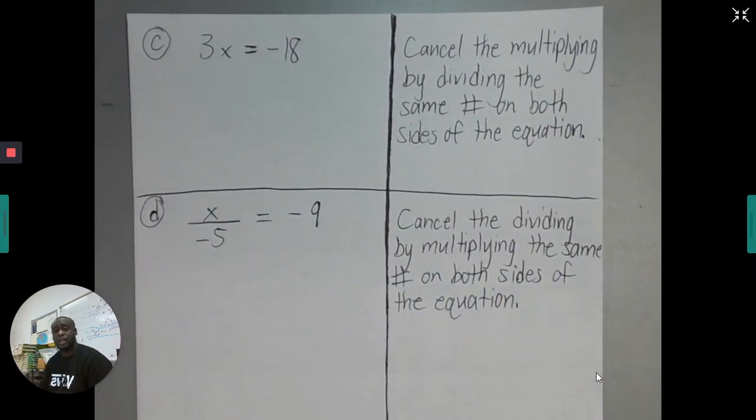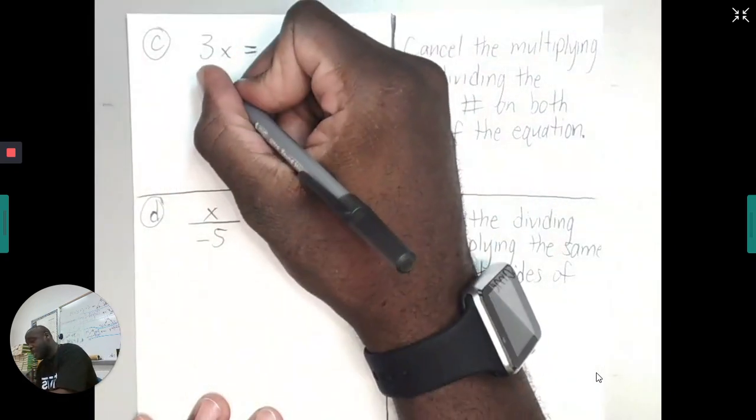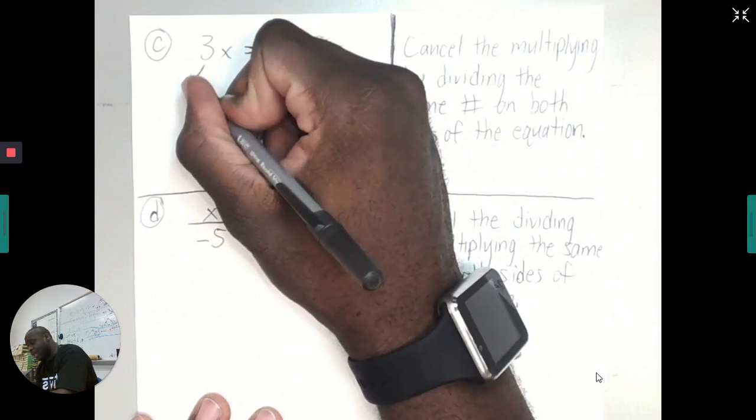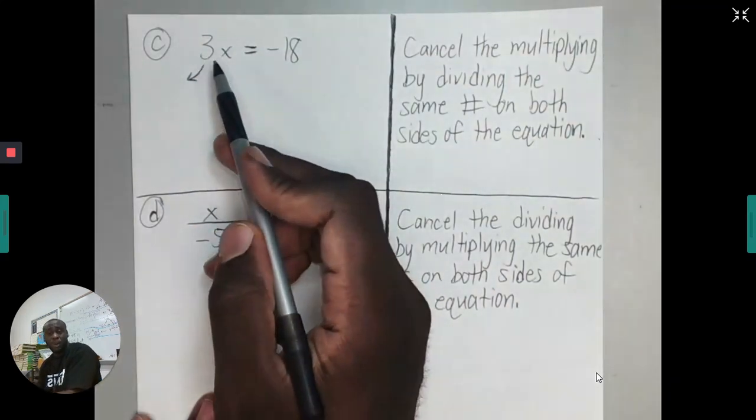Okay, let's look at this one. If we have the equation 3x equals negative 18, we would have to get this to cancel out. But first, hopefully everyone remembers that when we see a number beside a variable, that number is a coefficient.